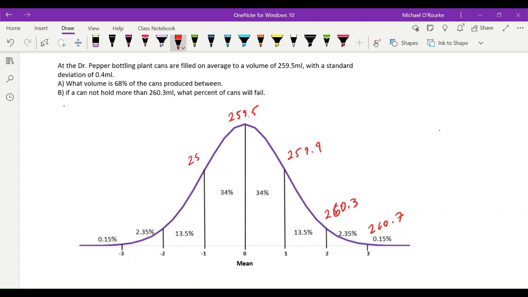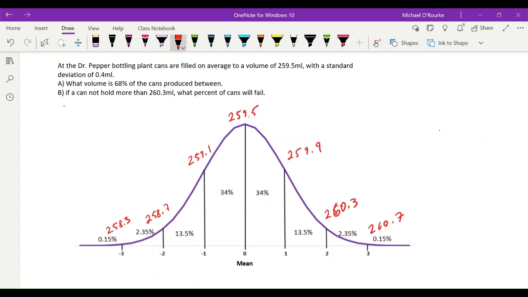Then down here, it's going to be 259.1, 258.7 and 258.3, if I'm not mistaken.